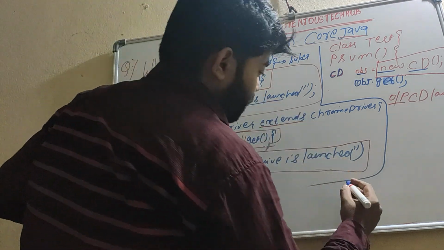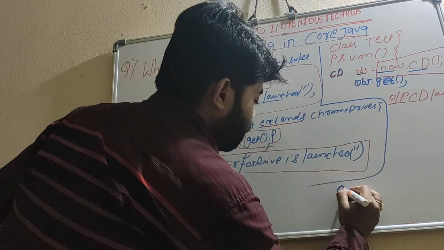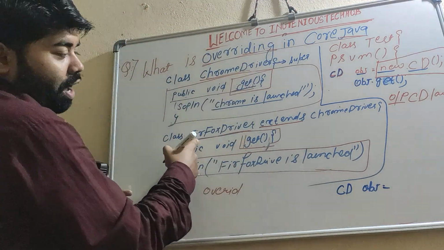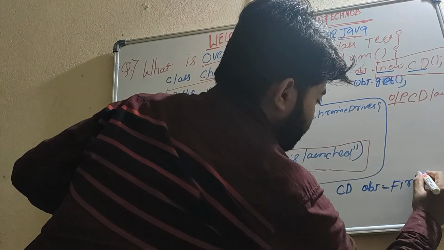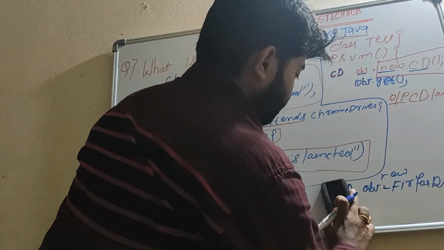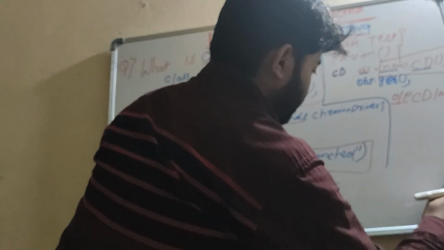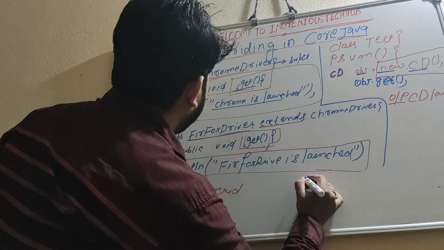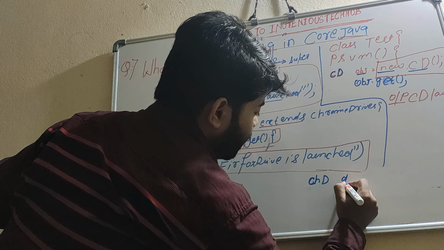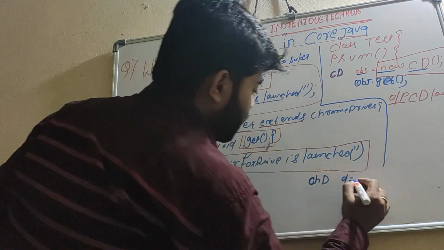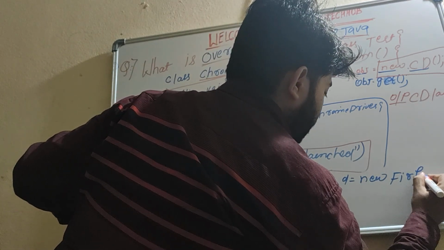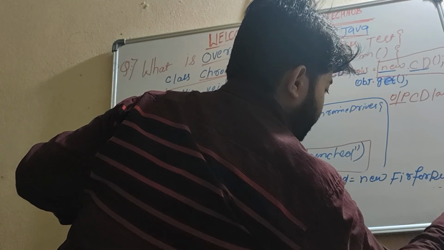Again, I'm going to take another example for executing. This is your ChromeDriver reference, d equal to, and I'm going to create the object of new FirefoxDriver.